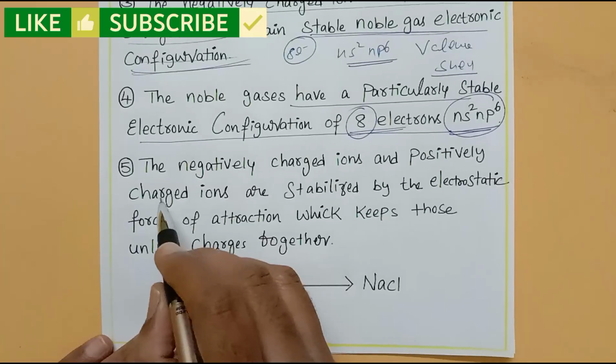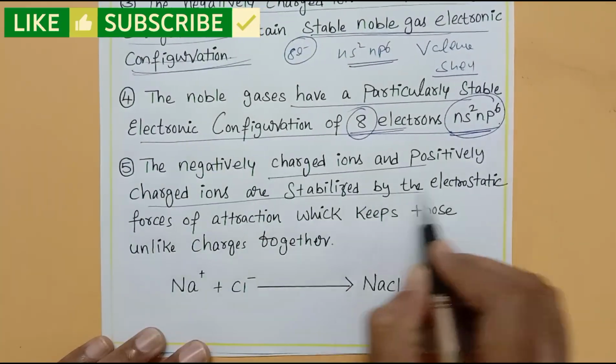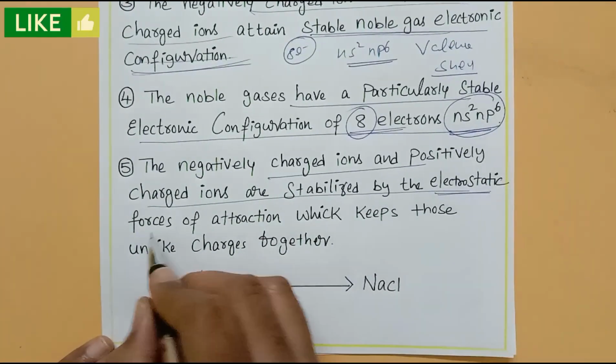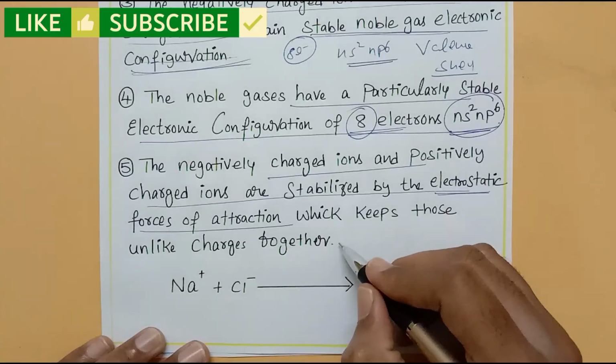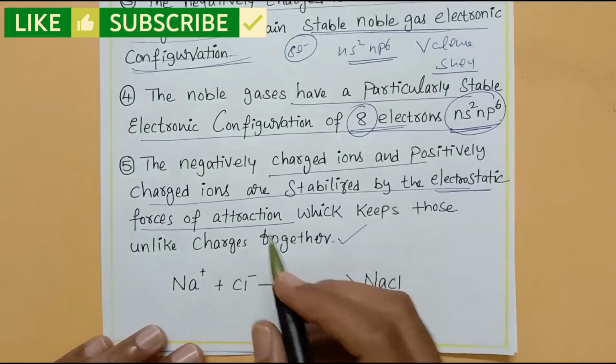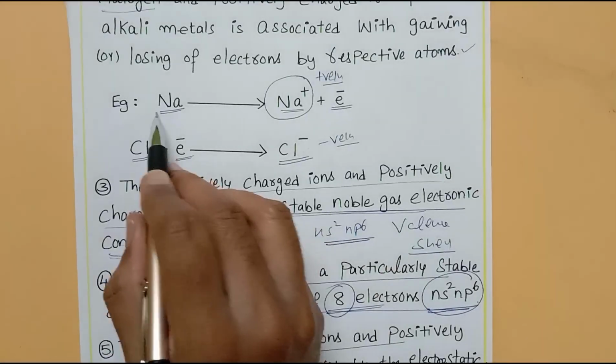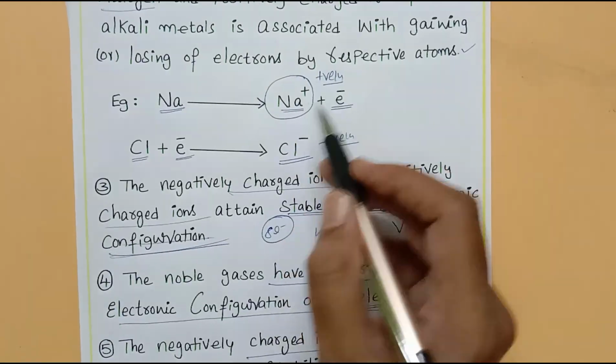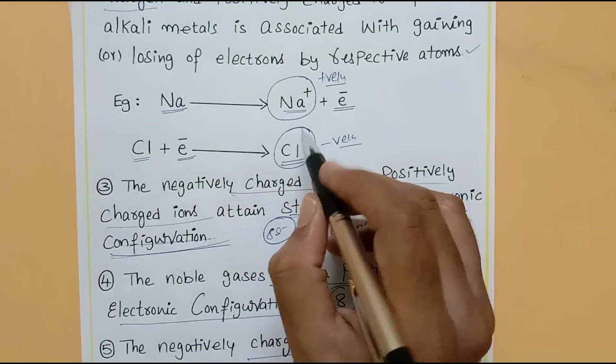The negatively charged ions and positively charged ions are stabilized by electrostatic forces of attraction, which keep the unlike charges together. In this case, sodium is converted into a positively charged ion and chlorine into a negatively charged ion.